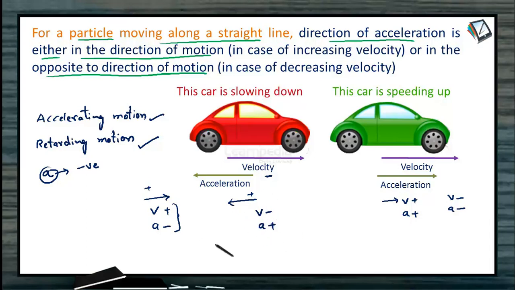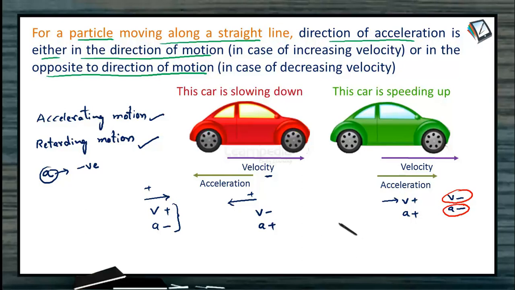Whenever these two quantities have opposite signs, then it will be a retardation. And if they have the same sign, then it is acceleration. Here you can see that A is negative, but in spite of this fact, the motion is accelerating because velocity is also negative. So these are some of the introductory things that we discussed about accelerating motion.